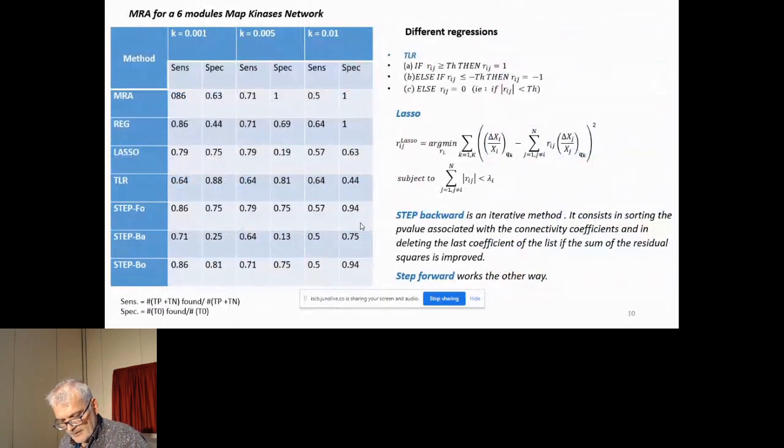The result is given in the left table. We can see that the sensitivity decreases as the noise level increases, and the results of these different methods are quite similar for small-sized networks. It will be different for medium-sized networks.